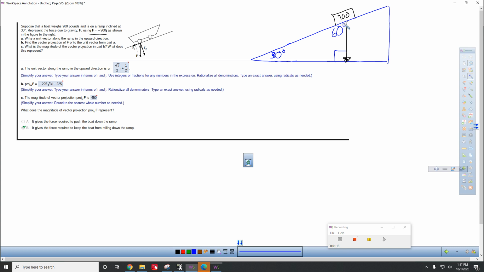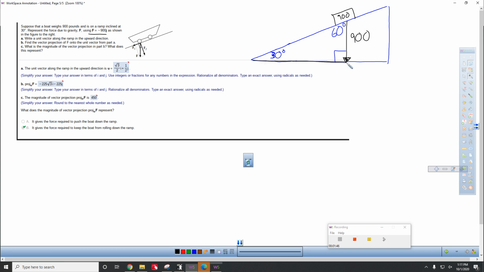They want the unit vector along the ramp in the upward direction. Okay? Well, it's important to realize that this is where the negative 900 is. 900 pounds down. Okay? So what we need to do to find the unit vector, but they want it in the upward direction, so we'll get to that.